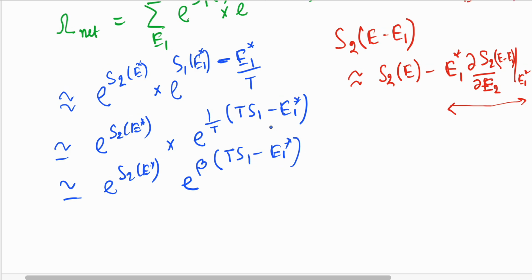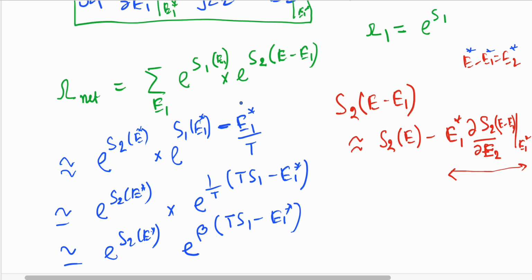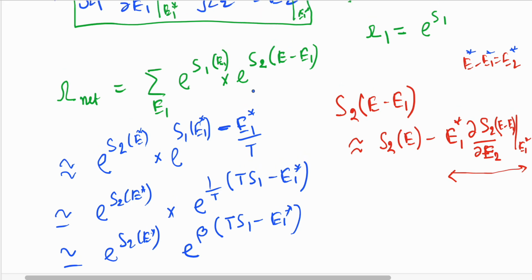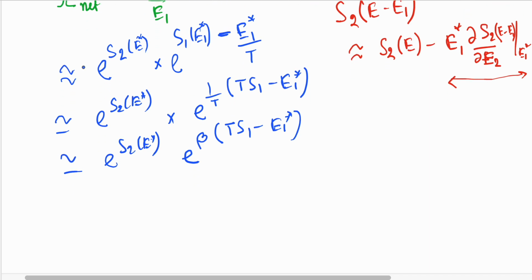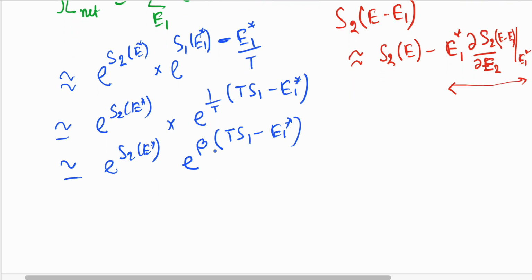So up to this we have only expressed this function as an entropy. Now to express the total number of microstates or total entropy, we express it in this fashion.